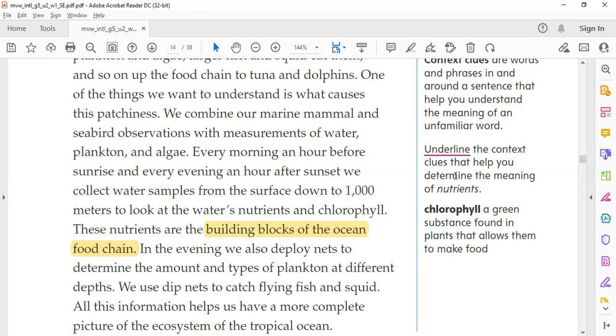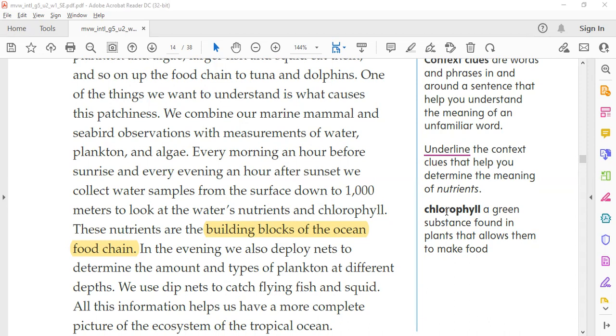Okay, guys, our fourth vocabulary word is also related to science. It's called chlorophyll. Hamza Ahmed, can you read what's a chlorophyll? A green substance found in plants that allows them to make food.